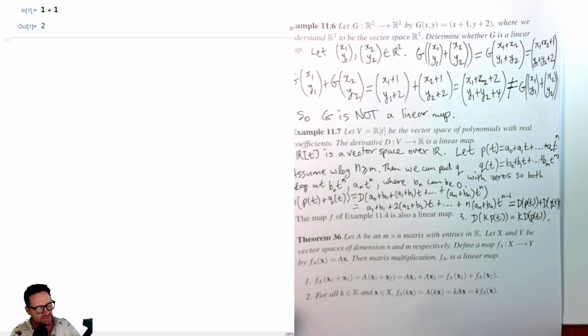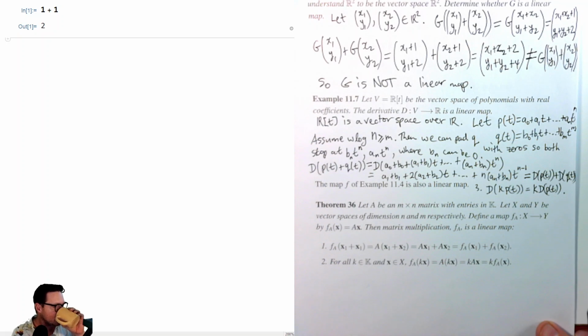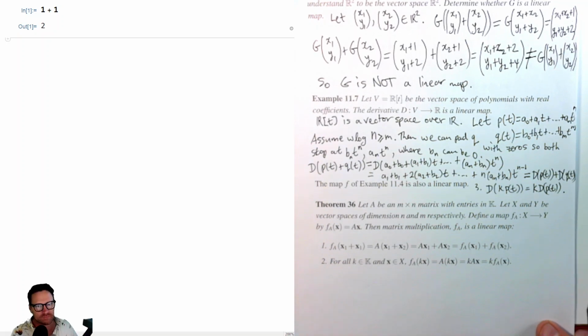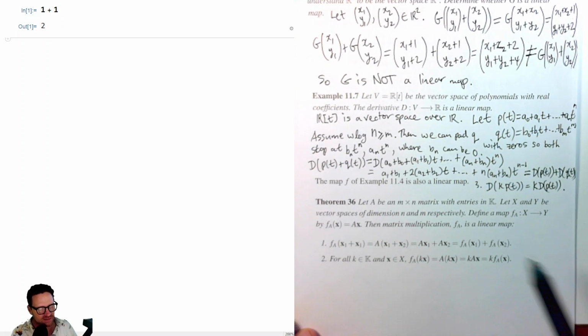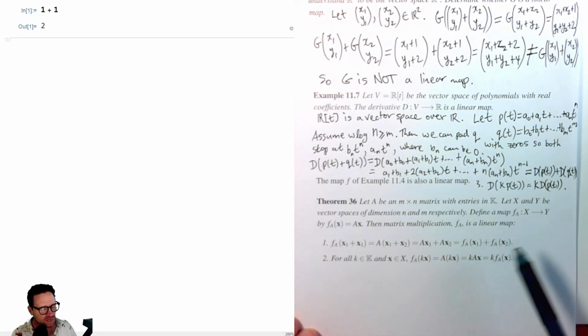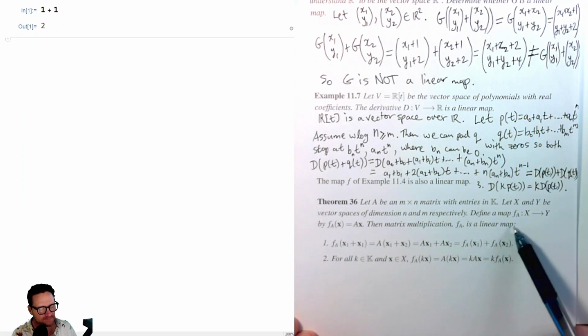Okay, Theorem 36. Let A be an m by n matrix with entries in the field K. Let X and Y be vector spaces of dimension n and m respectively.